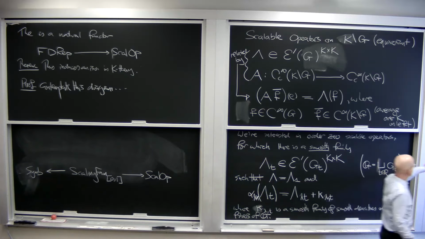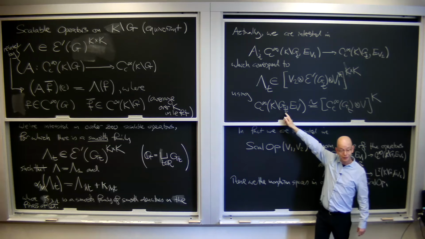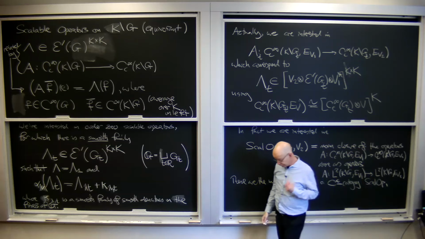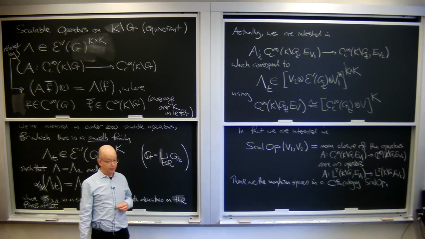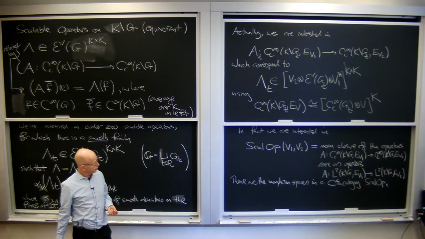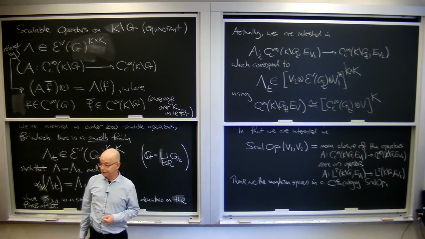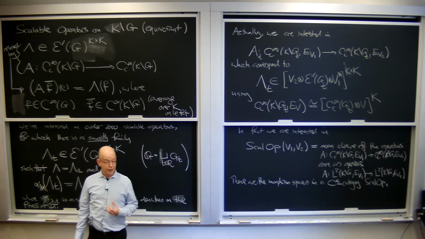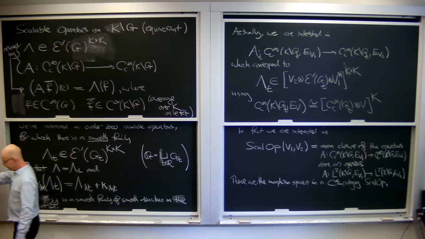These are operators on K mod G0, but K mod G0 is a much easier space than K mod G, because G0 is a semi-direct product of K with the tangent space of G mod K at the identity, which we were calling P. And so if I divide out by K, we're just talking about operators on the vector space P. And these operators are translation invariant operators and K-equivariant operators, so they're easy to analyze using the usual Fourier transform. So this is a much easier thing.